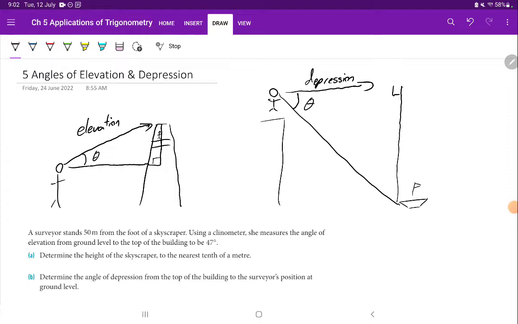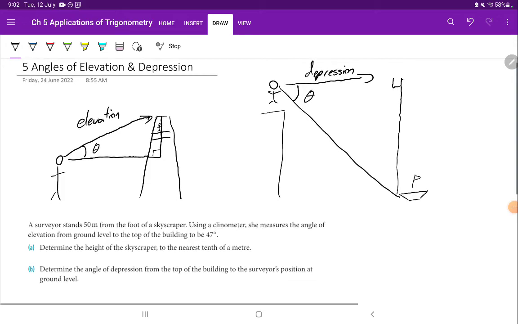For example, if you're at the top of a cliff and you want to know how far away a boat is, as long as you know how tall the cliff is, you can work out how far away the boat is using just the angle of depression. So it's a really powerful trick. It's often used with tan because we're usually dealing with the lengths and the heights, the line on the ground and then the height, so not dealing with the hypotenuse at all.